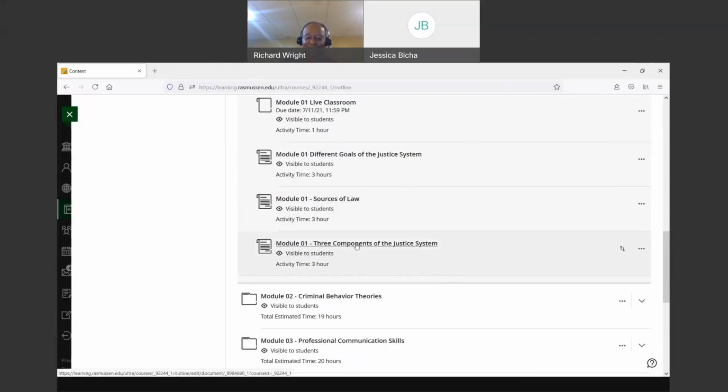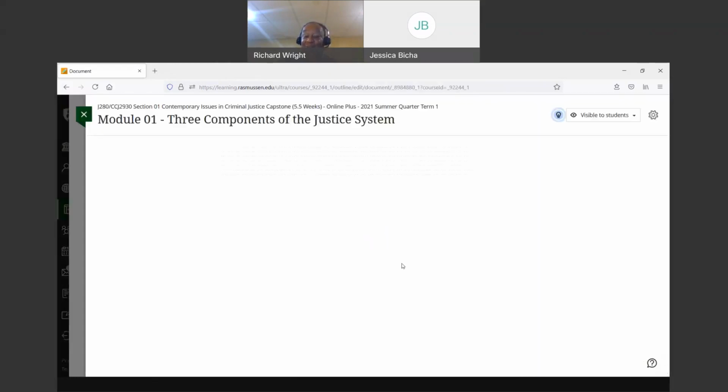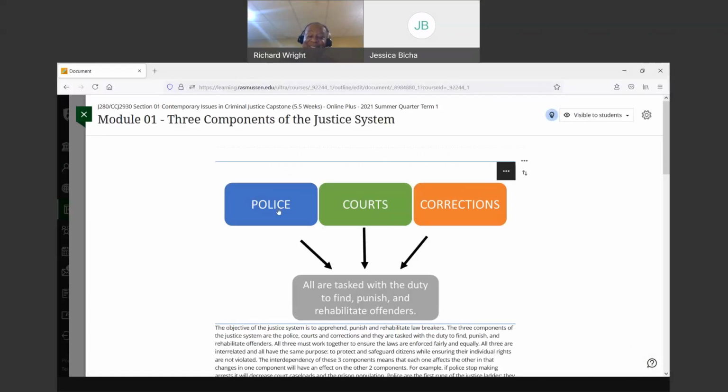Now, we're going to close with the 3 components of the justice system, which you need to know about. And here they are: the police, the courts, and corrections. Guilty individuals deal with this at the end. Persons who are not guilty could deal with this and this. Okay? All have the duty to find, punish, and rehabilitate, especially in corrections.